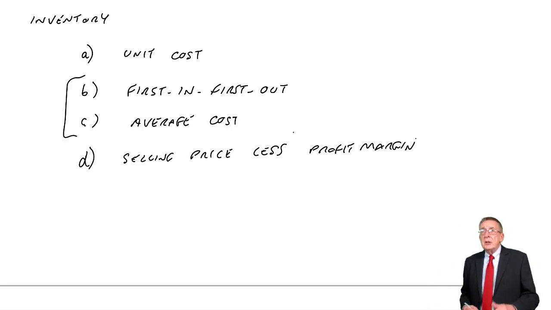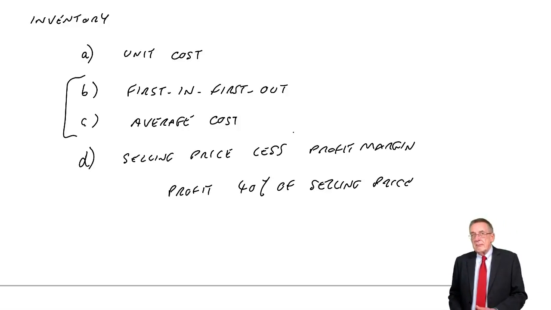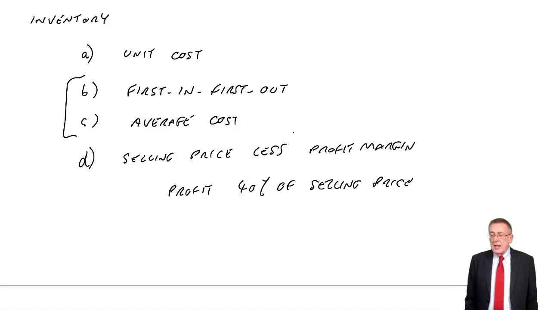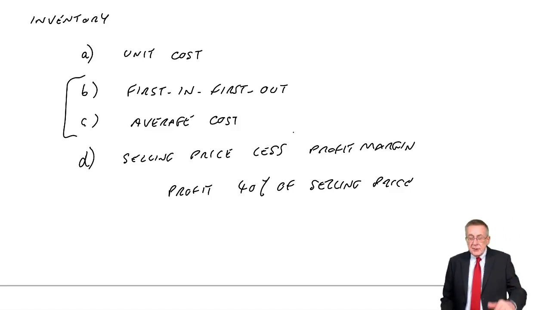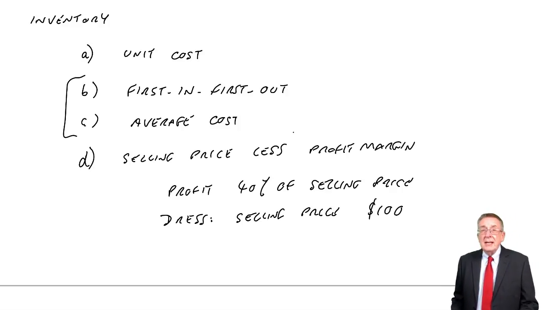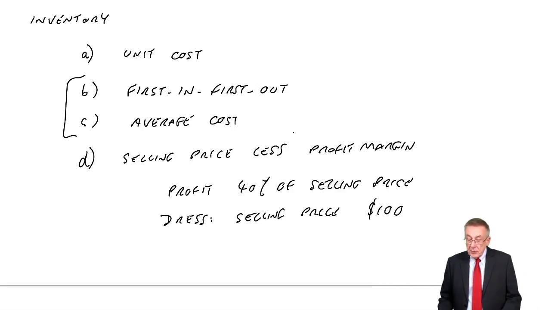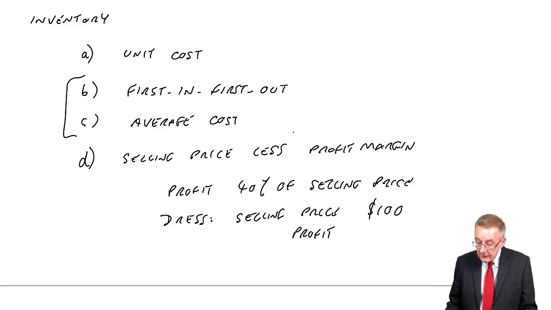But maybe if I told you that the store overall makes a profit of 40% of selling price, overall of the whole store, then if we came to one dress and the price marked on it, the selling price, was 100, then what you can do is say, all right, since we make 40% profit, the profit on that dress would be 40, and that would mean the cost was 60.